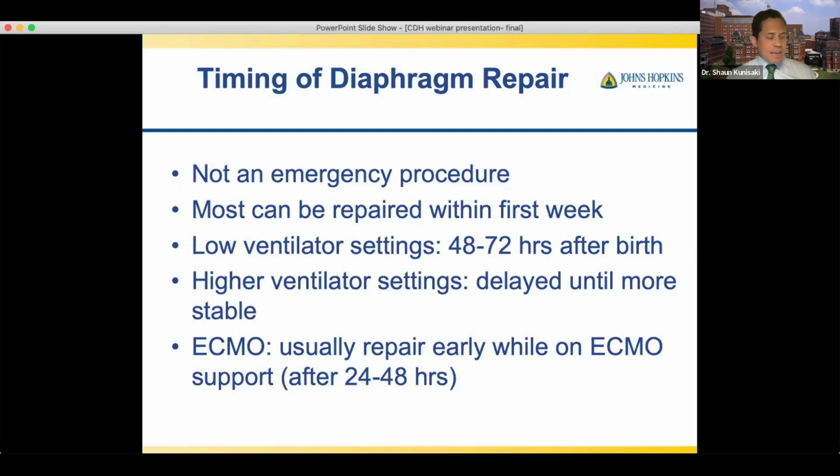It's important to understand that diaphragmatic repair is not an emergency procedure once a CDH neonate is born. While most surgeons believe that early diaphragmatic repair does offer some benefits, it is more critical to perform the operation when the baby is stable enough to withstand the anesthesia and the 2 to 3 hours of the operation itself.